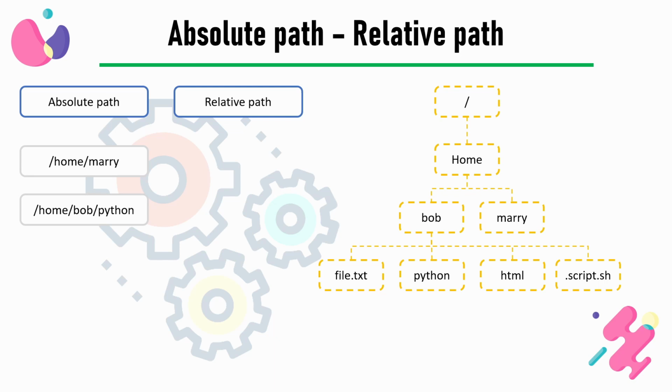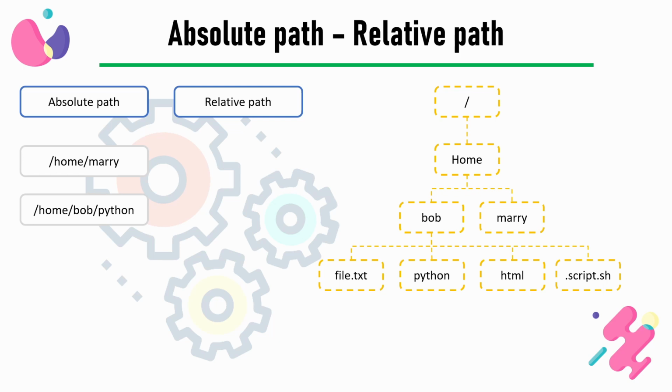So in a relative path, we don't need to specify the entire path from the root directory of the file system. A relative path can start either with a directory name, which is a subdirectory in the current directory, a dot, which represents the current directory, or double dots used to navigate up to the parent directory.